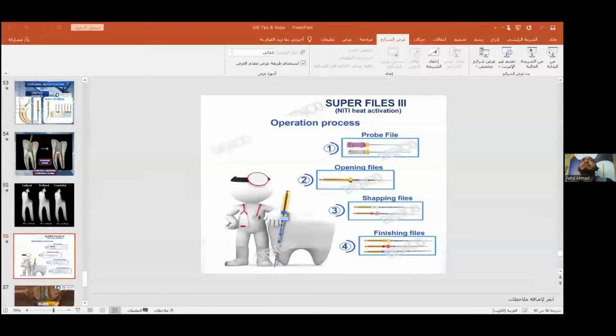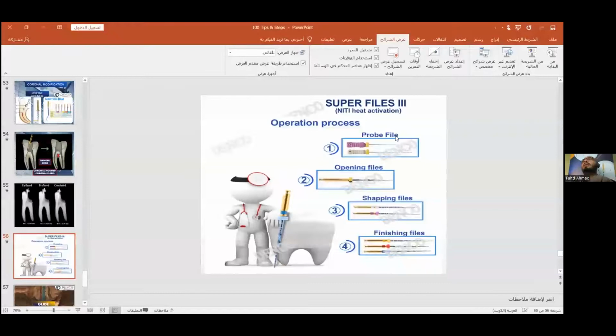First use 10 and 15 stainless steel hand files, then use the opening file or SX file to flare the coronal part. After that, use shaping rotary files 10 and 15 to shape canals. Finally, use finishing files to achieve the desired size. I mostly reach finisher 2, taper 4, then start with obturation of the canal.